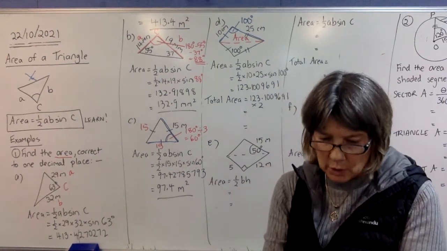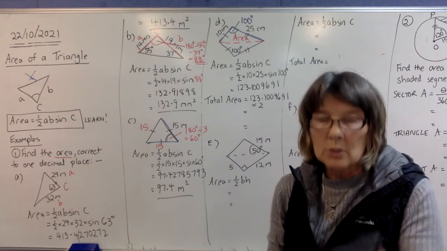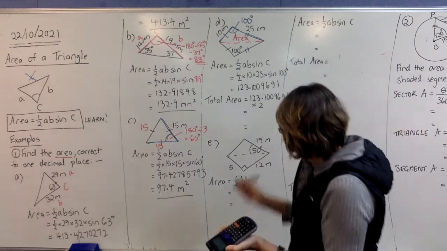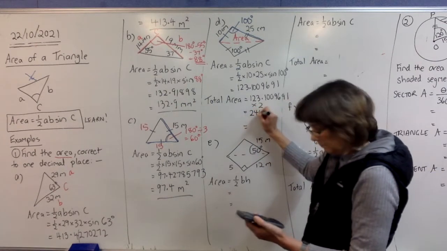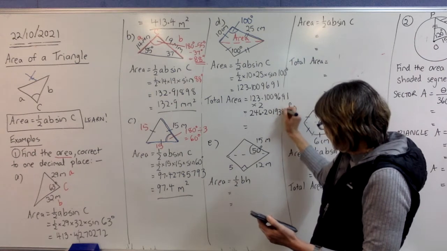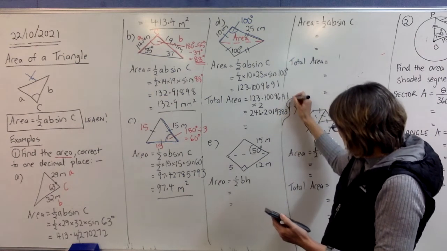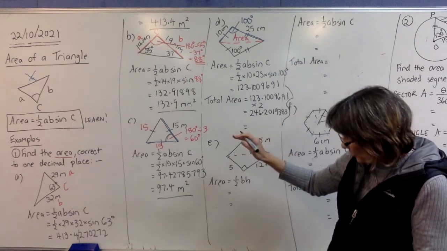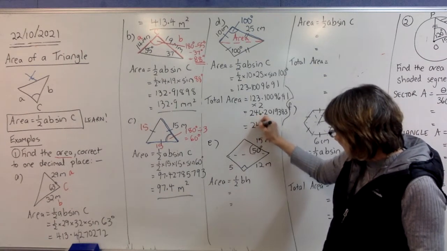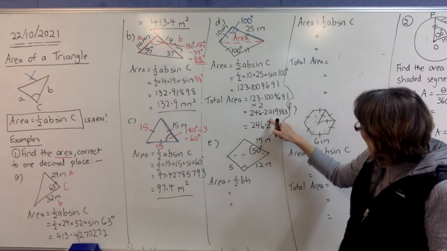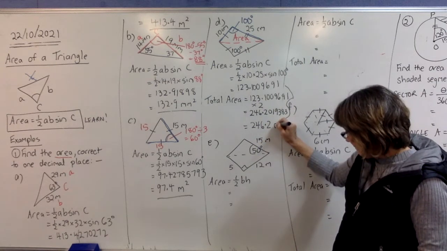Just press times 2 equals, and that's what it'll give you. Write it down. Okay, and then at the final line, that's when you can round off to 1 decimal place. And it'll be 0.2, and we're in centimetres squared.